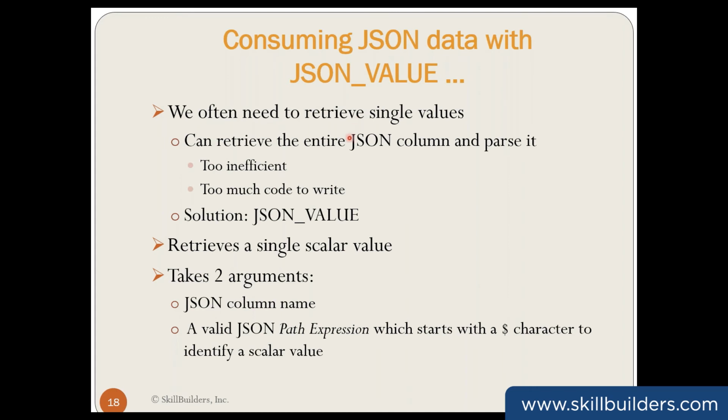If you want just plain data, a single value, you could retrieve the column and parse it yourself, which is very inefficient, writing your own code. So instead, you're going to use JSON_VALUE to drill down and get that single value. JSON_VALUE is a function that takes two arguments: a JSON column name, where's the JSON data, and a path expression that says how do I drill down? The path expression is a character string that starts with a $ sign and follows certain rules, so we'll see that.